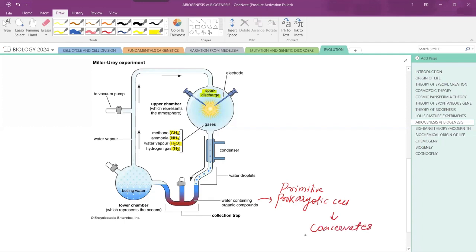So you can say that this is the first life, or the first cell found on the earth, coacervates.